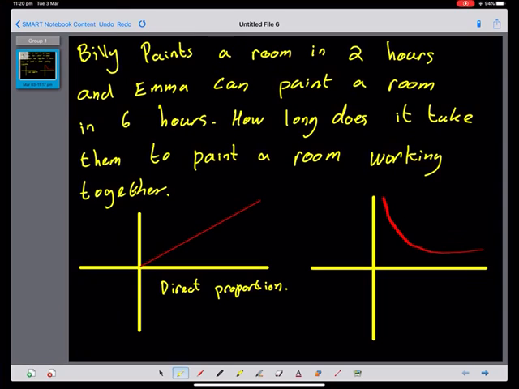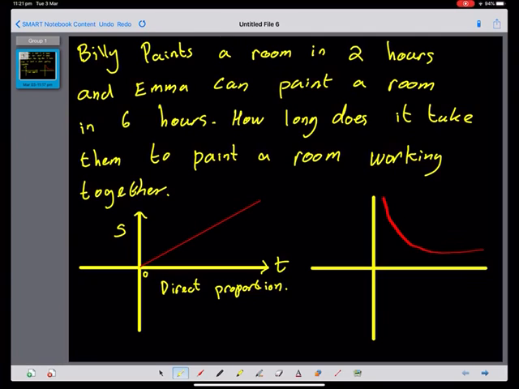So, for instance, if we're looking at time and someone's salary, they normally increase. So at 0, you're not going to be earning anything, and your salary generally increases.